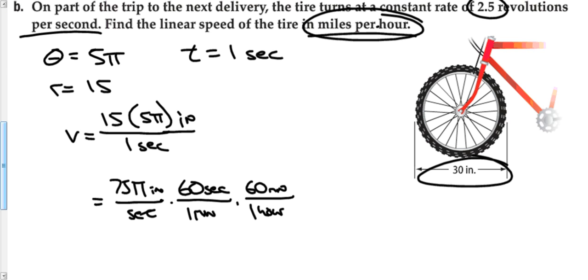Okay, now we just have to go from inches to miles. So in 1 foot, there is 12 inches. And now I put inches at the bottom, so again, they can cancel and I'm left with feet. Now, you should know this, but you might not know it exactly. But in 1 mile, there are 5,280 feet. Okay? So when I multiply these all together, let's do it.